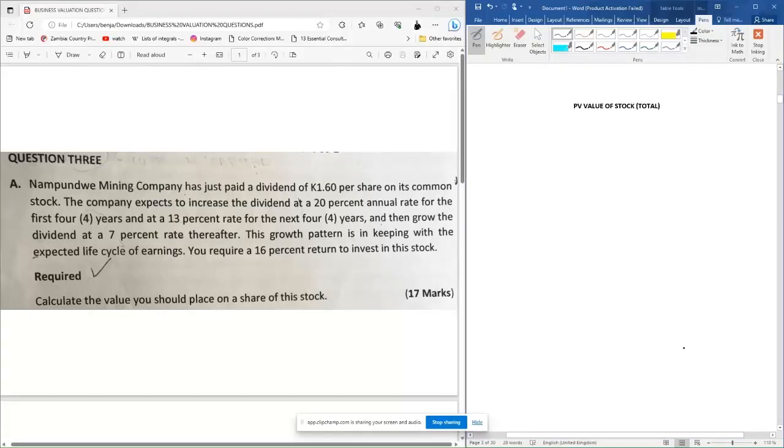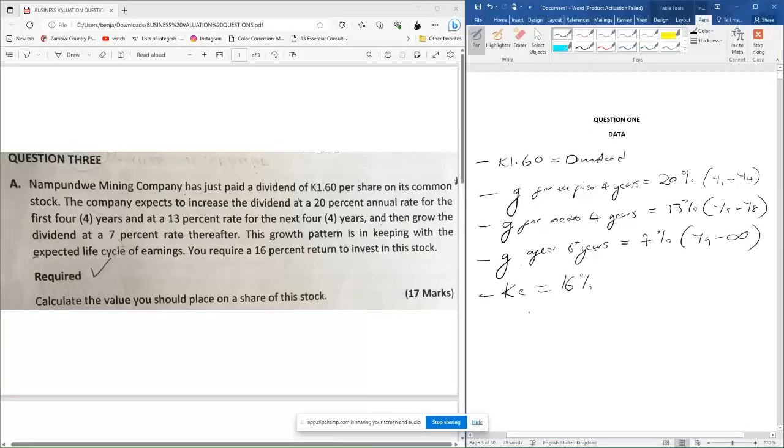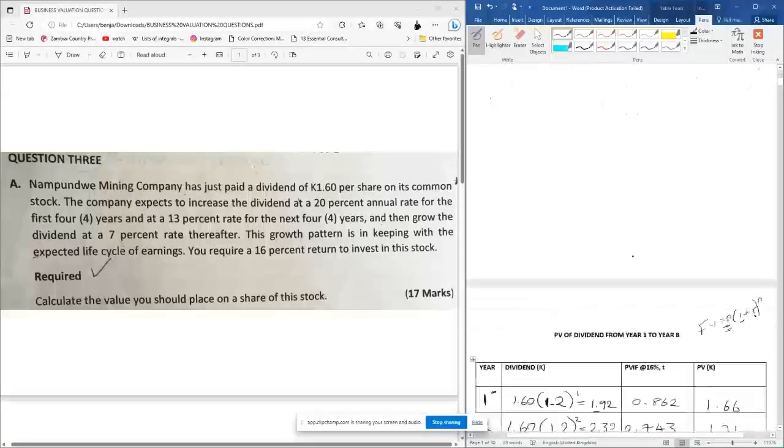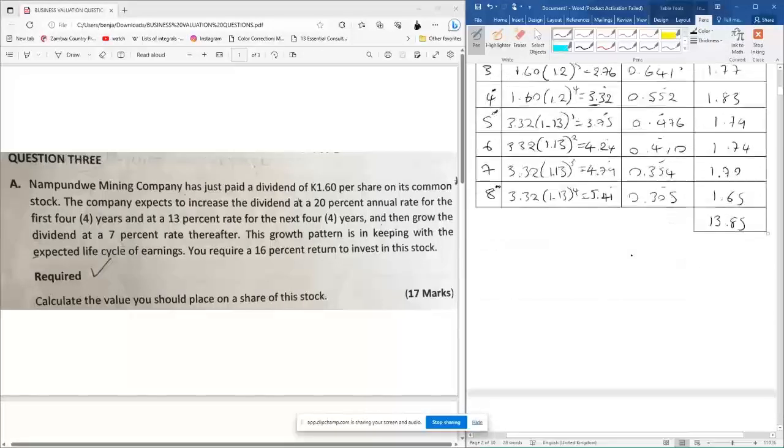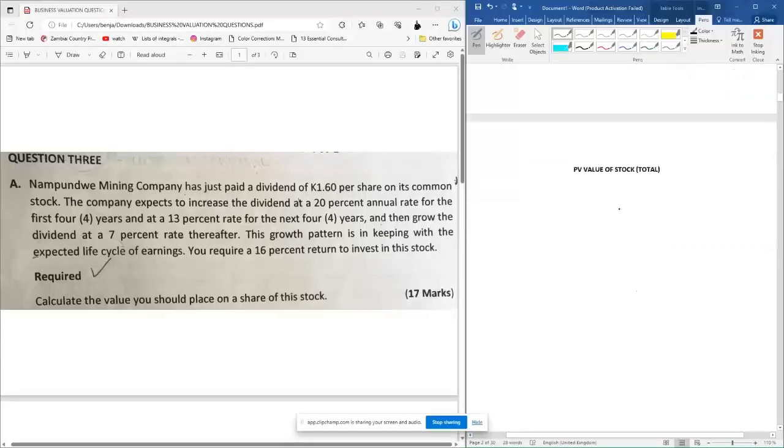So what are we going to do? We say that our dividends after 8 years are going to grow at the rate of what? Of 7%. And if our dividends at the end of 8 years are growing at the rate of 7%, we need to get our total dividend at the end of year 8. What is our total dividend at the end of year 8? It is this here, 5 kwacha 41 ngwe.